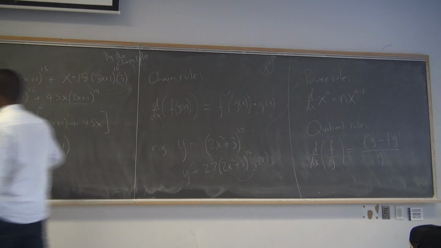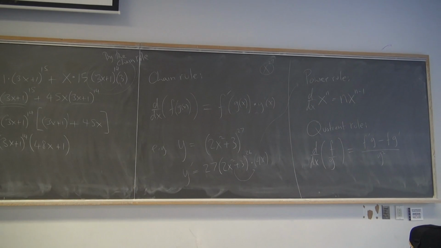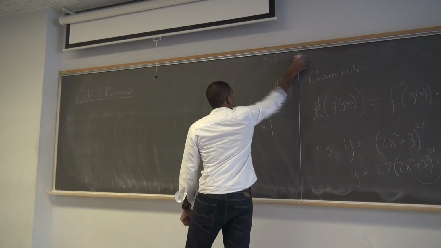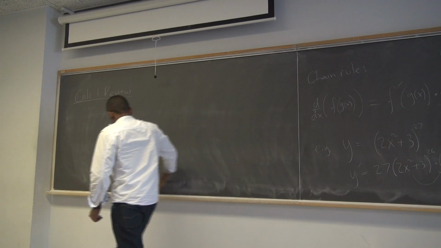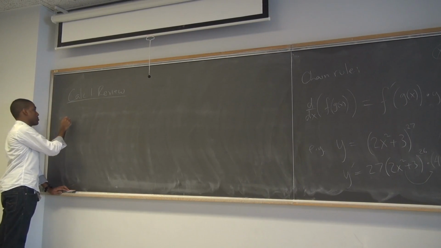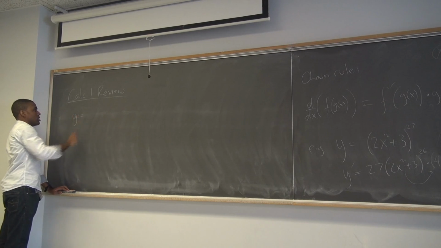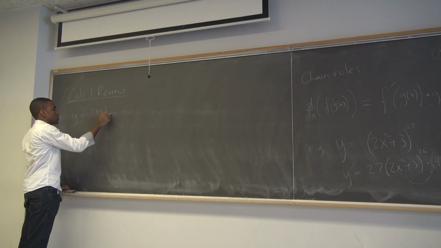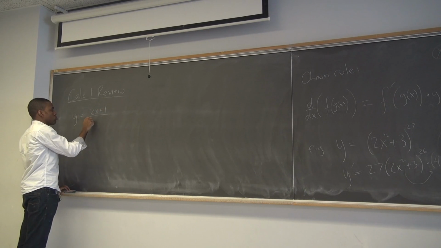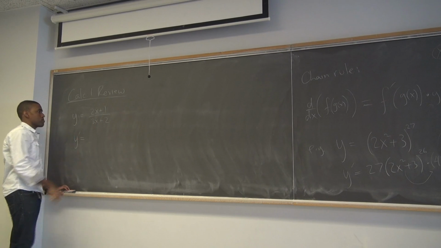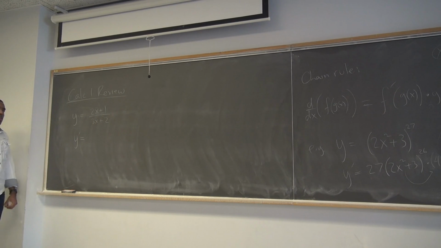So, for example, just trying to jog your memory. I know you're all experts at this already, but just trying to make sure. If we had something like 2x plus 9 over 3x plus 2, how would I do that?